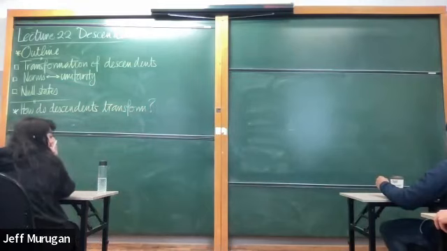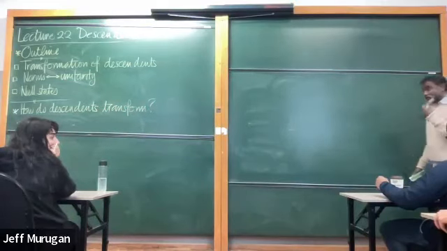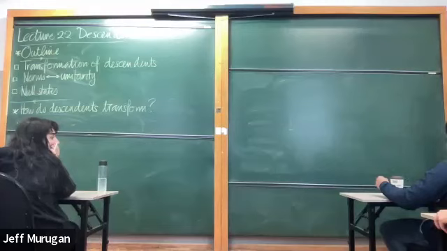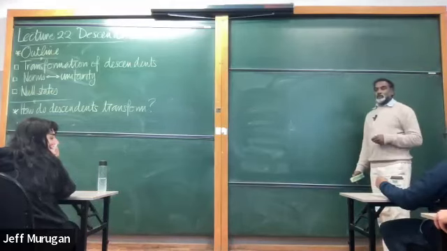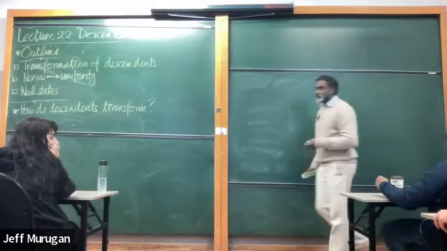P mu acts as a raising operator for the conformal dimension, right? P mu was i partial d mu. So acting on the field with P mu is the same as taking its derivative. So descendant operators associated to the primary phi just look like the derivative of phi.